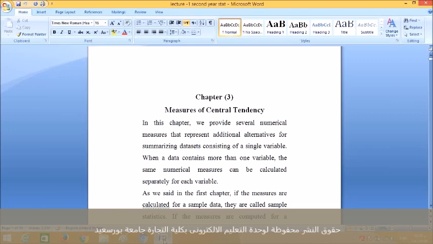When the data are qualitative, you have to use a bar chart, as we said before, or a pie chart.